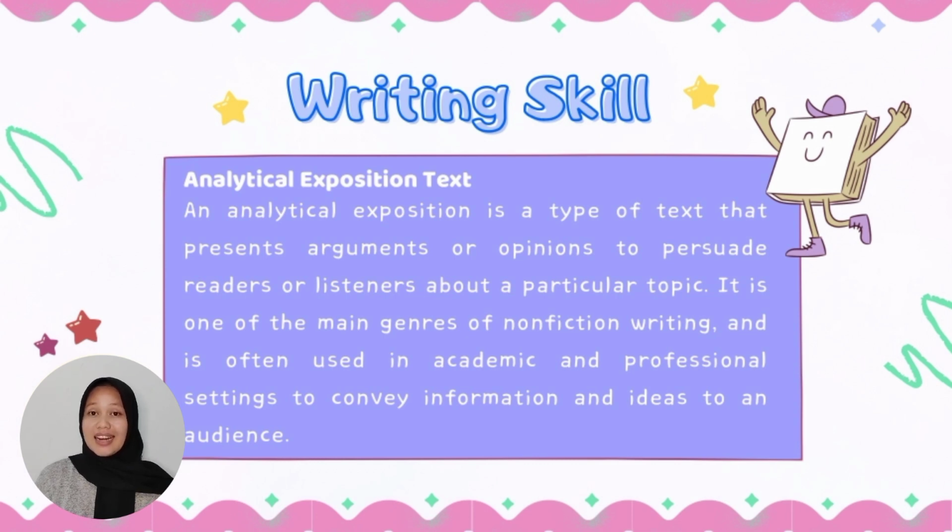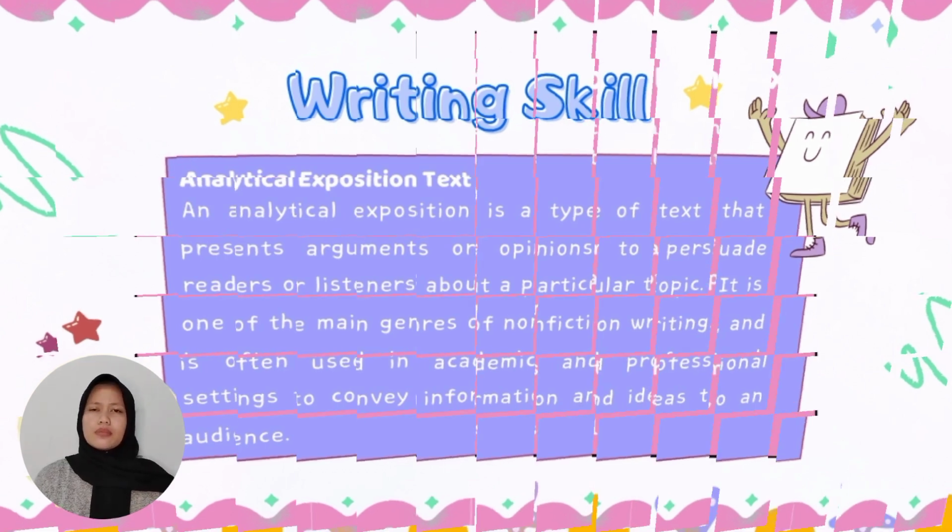The next is analytical exposition text. An analytical exposition is a type of text that presents arguments or opinions that persuade readers or listeners about a particular topic. It is one of the main genres of non-fiction writing and is often used in academic and professional settings to convey information and ideas to an audience.